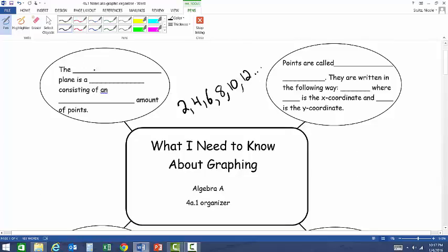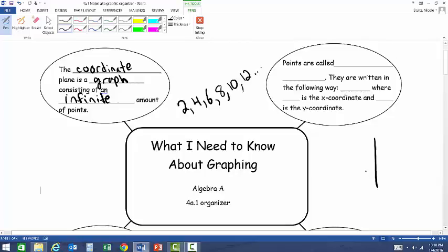So some of this you've heard of before and other pieces you might not have. So we're going to write that the coordinate plane is a graph consisting of an infinite amount of points.